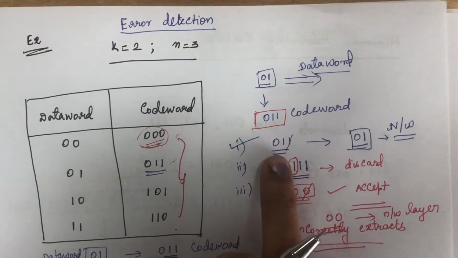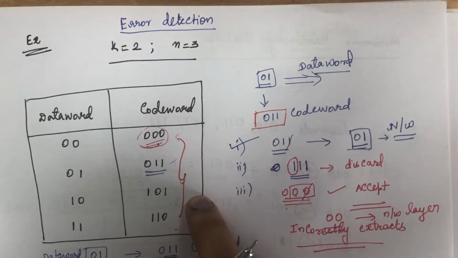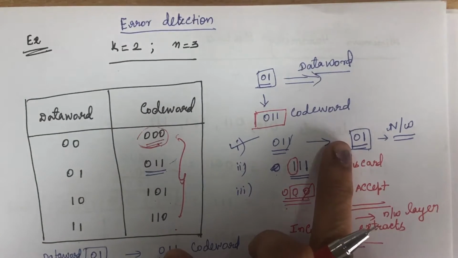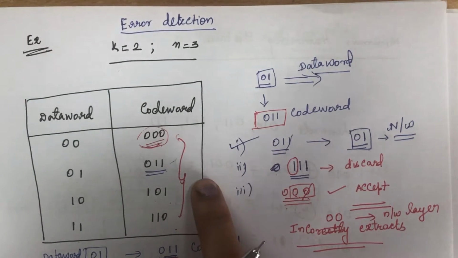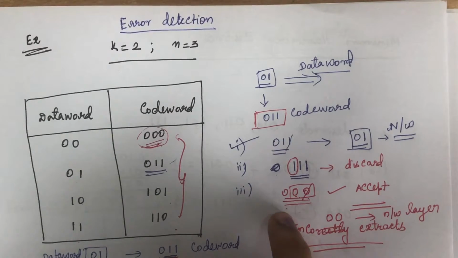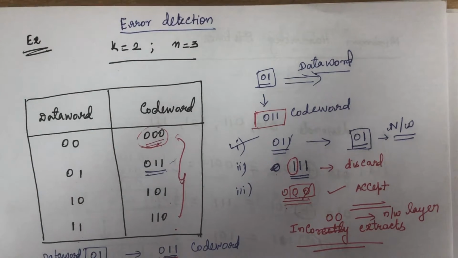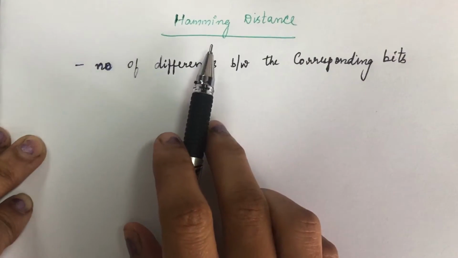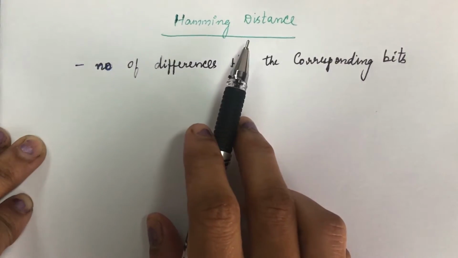In the first case, it is available in the list, so we will accept it. The second case, it is not available, so we will discard. The third case, it is also available, but the receiver has incorrectly extracted this particular data word. Okay. Now we will see the next concept for error detection, that is Hamming distance.